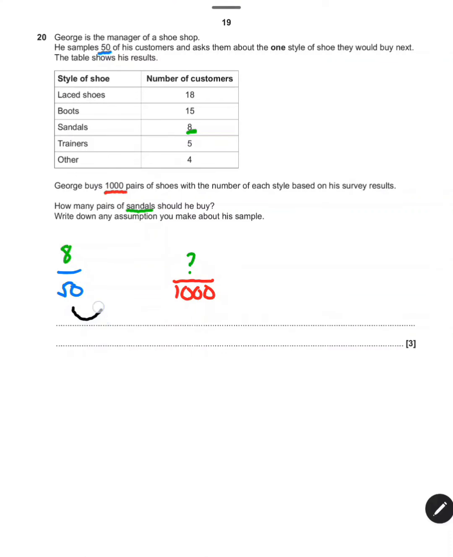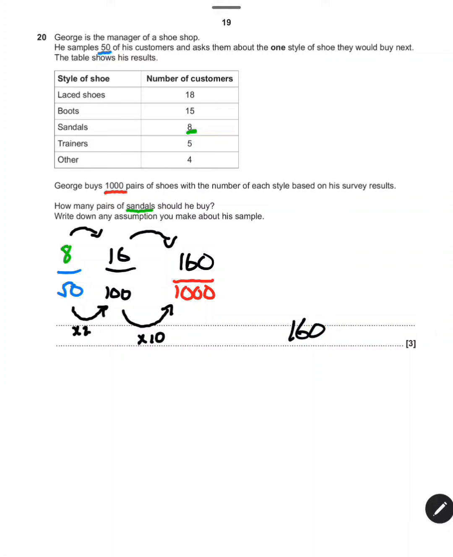And if we double this, we get out of 100. And then if we times 10, we get out of 1,000. So we'll do the same on the top. Double would be 16. And then times 10 would be 160. You should buy 160 pairs of sandals.